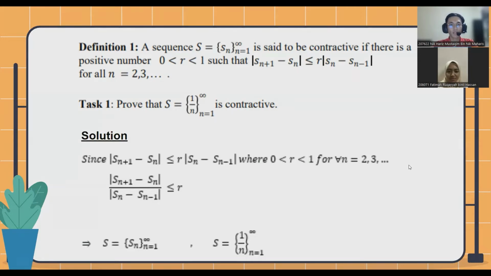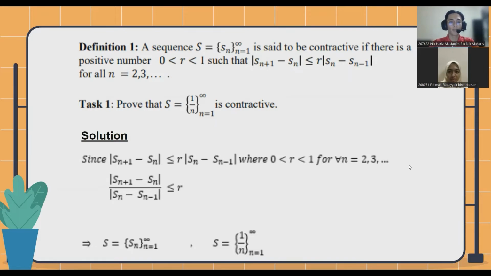A sequence S equal to Sn, upper limit infinity, lower limit n equals 1, is said to be contractive if there is a positive number r, 0 less than r less than 1, such that modulus Sn plus 1 minus Sn is less than or equal to r modulus Sn minus Sn minus 1 for all n equal to 2, 3, and so on.